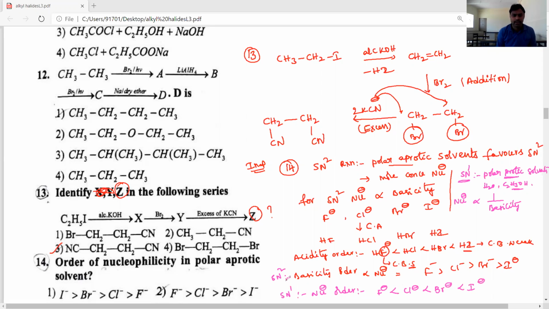This kind of question is asked in the last question, so both are very, very important. For SN2 reactions, nucleophilicity is directly proportional to basicity. For SN1 reactions, nucleophilicity is inversely proportional to basicity, or basic nature.